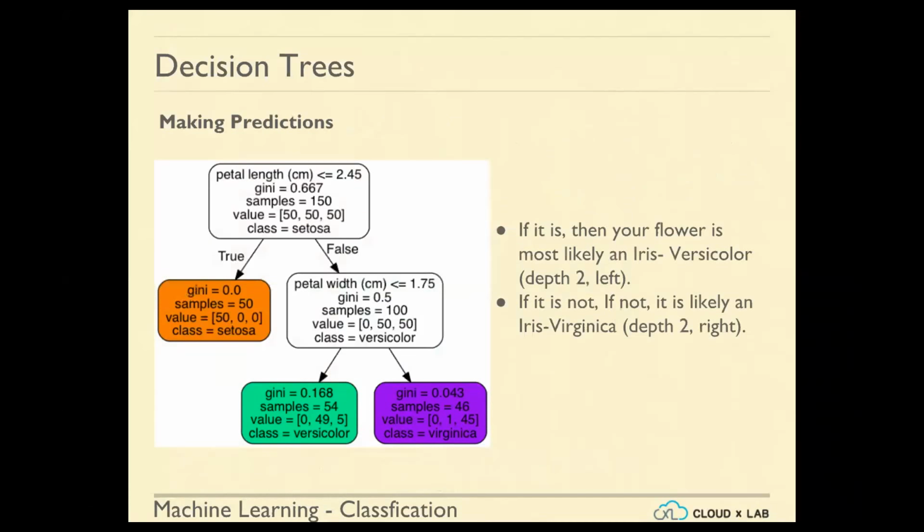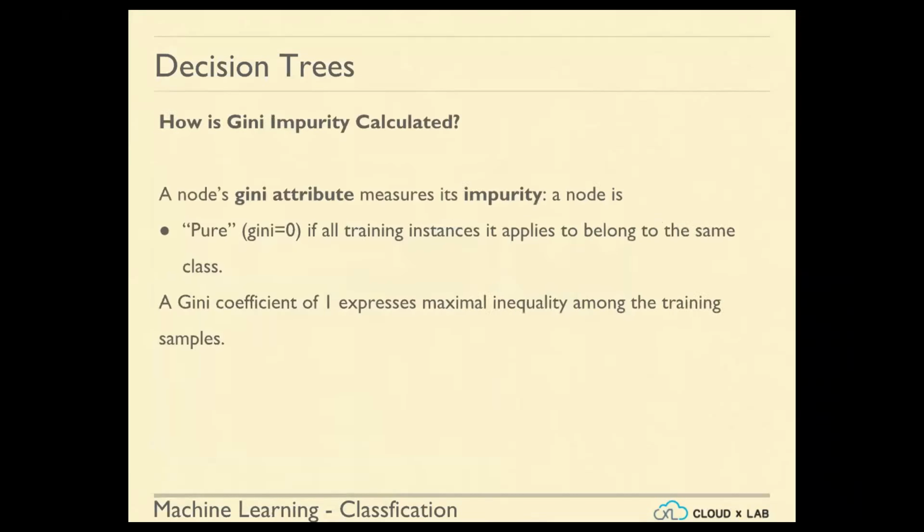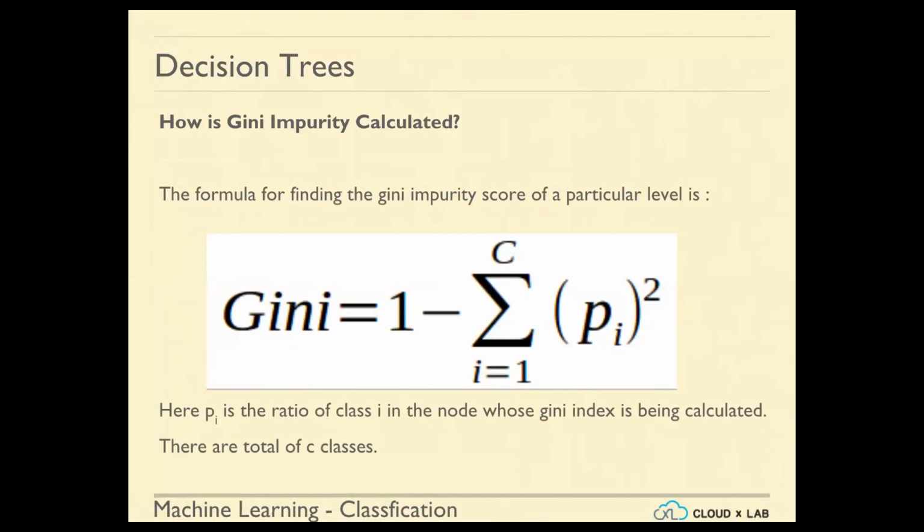Like in this case, what is the ratio of this? 50 by 150, 50 by 150, 50 by 150, that is 1/3, 1/3, 1/3, right? And actually, pi is squared.